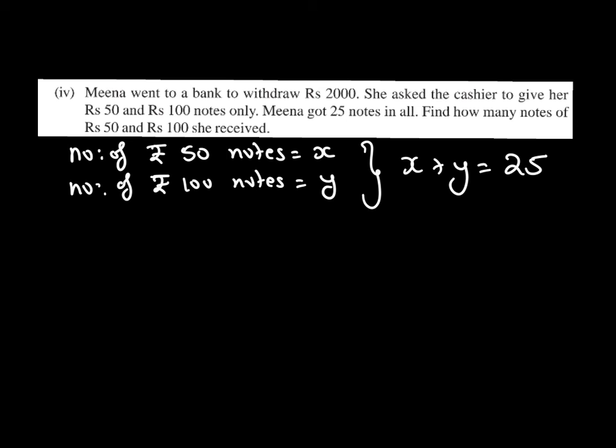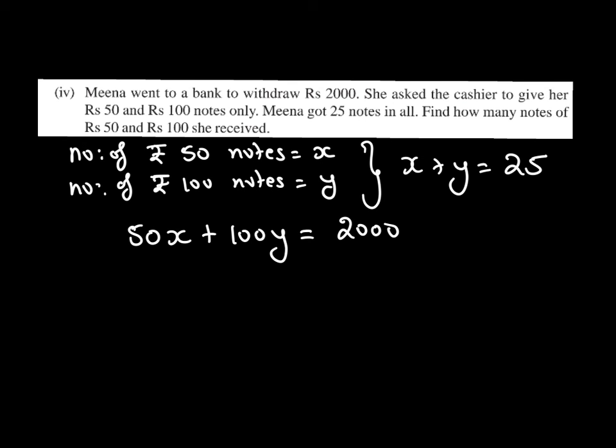The value of the notes: if x is the number of 50 rupee notes, the value of the 50 rupee notes will be 50x and the value of the 100 rupee notes will be 100y. Together the value of the amount was 2000 rupees.